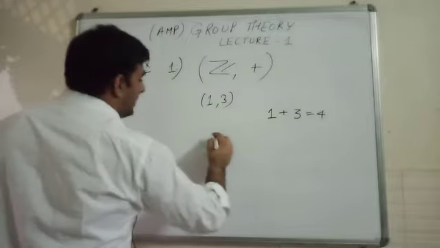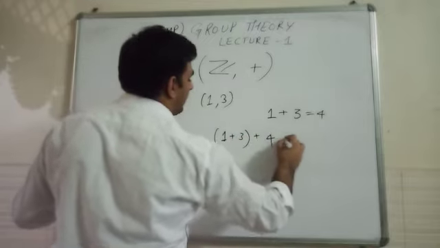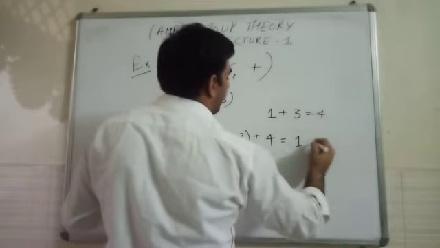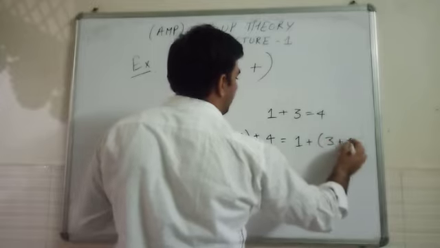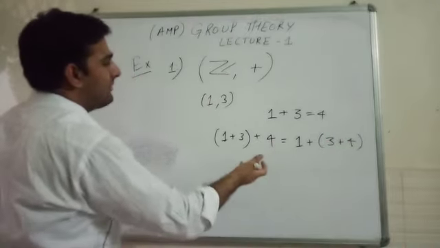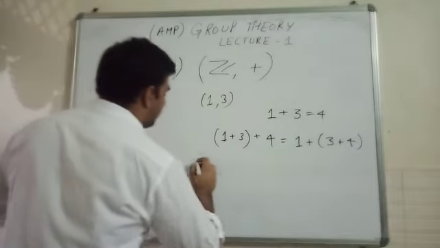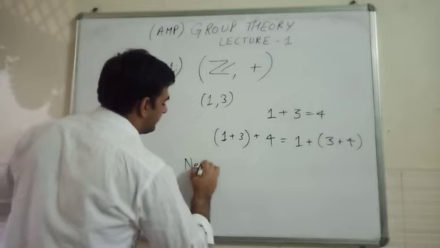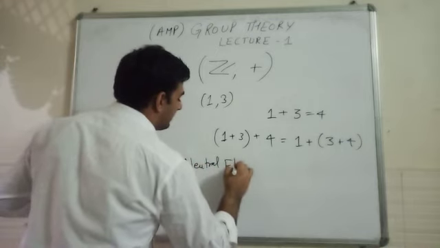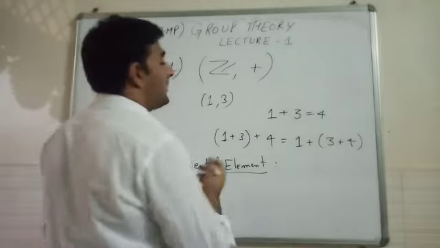Now the associativity: 1 plus 3 plus 4 is equal to 1 plus 3 plus 4. So the associative property is also clearly satisfied by these integers. And for the identity, the neutral element, we have the 0.